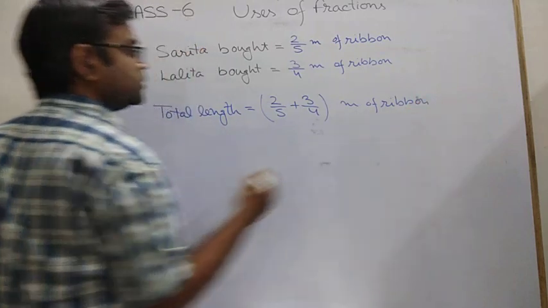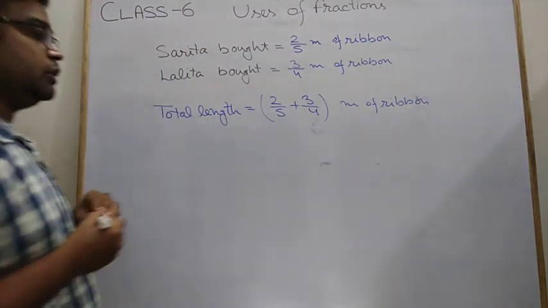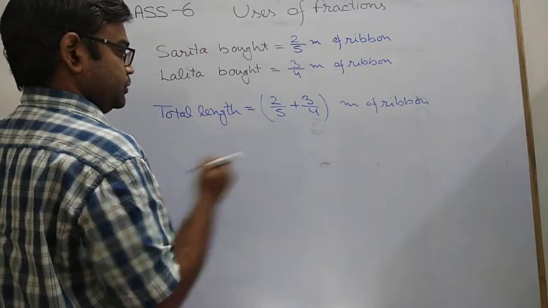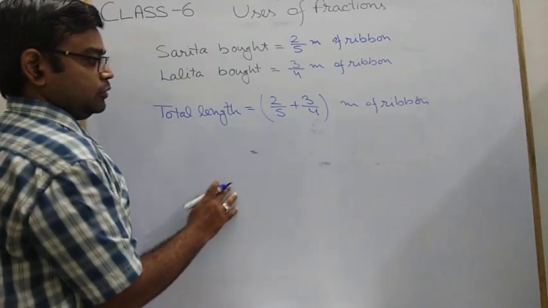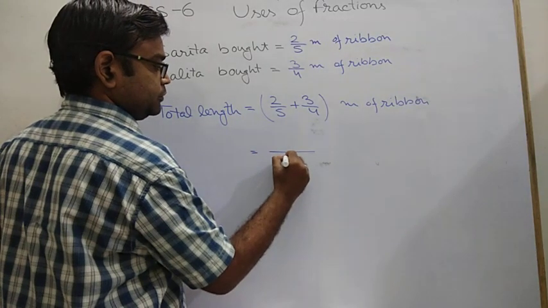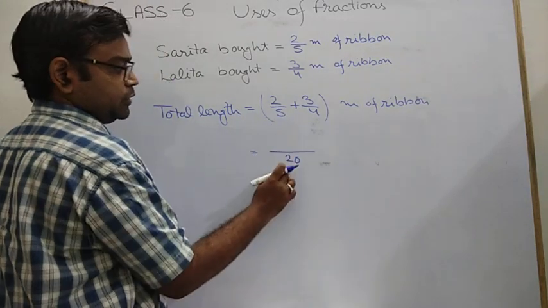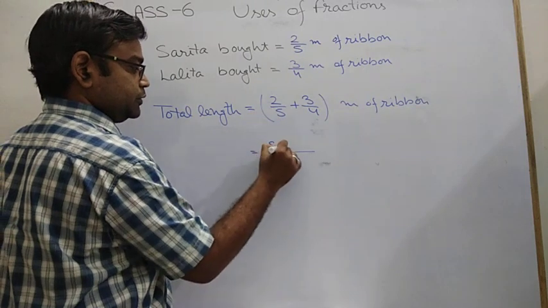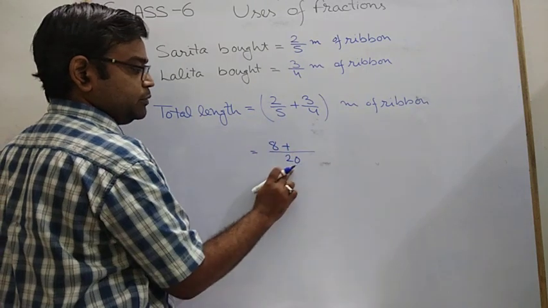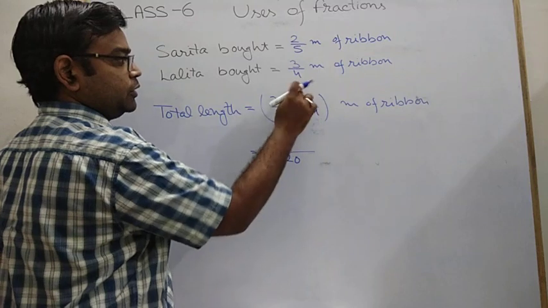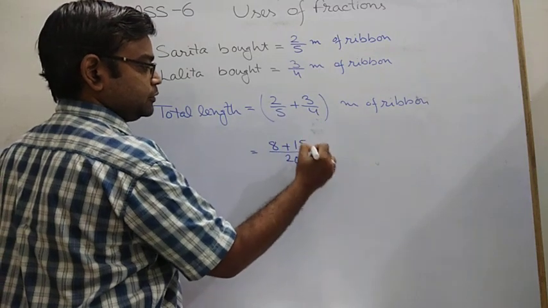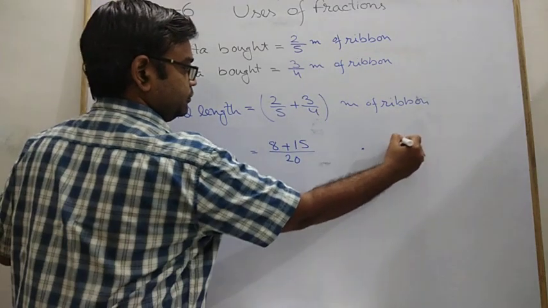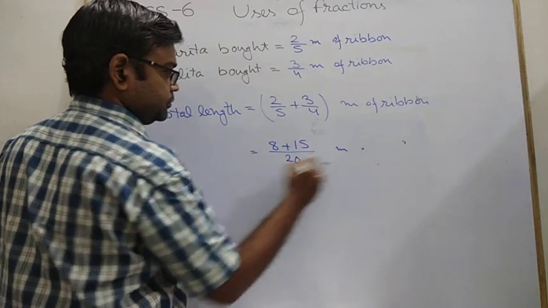But this is not your answer. You have to simplify this one, then give the answer. Whenever we start to solve, the LCM is 20. 5 fours are 20, 4 into 2 is 8, plus 4 fives are 20, 5 into 3 is 15, and then we have the same unit, meter.